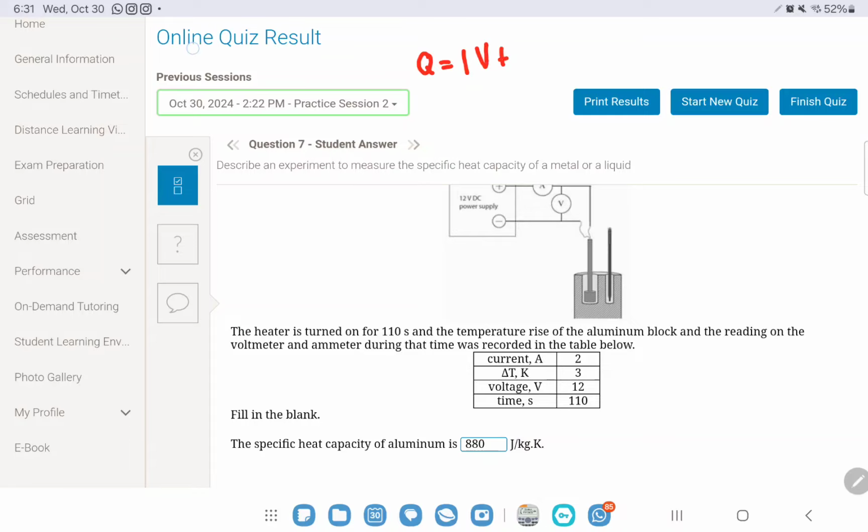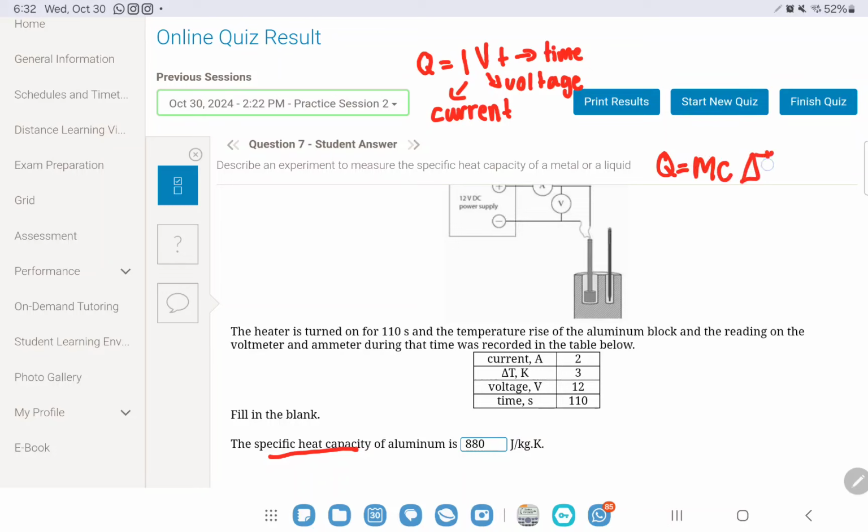What's IVT? I is our current, V is voltage, and T is time. And our second equation, to find the specific heat capacity, is Q equals MC delta T. Okay?